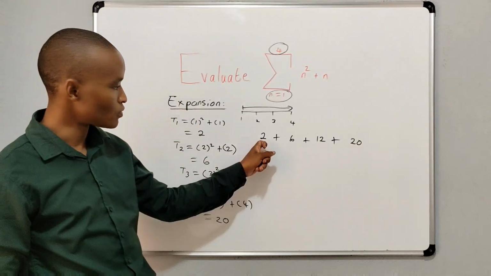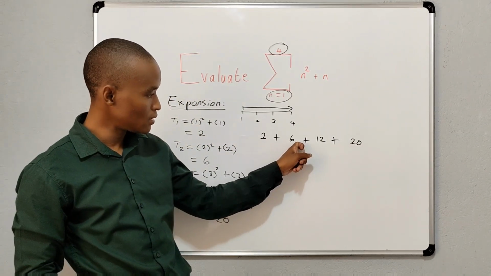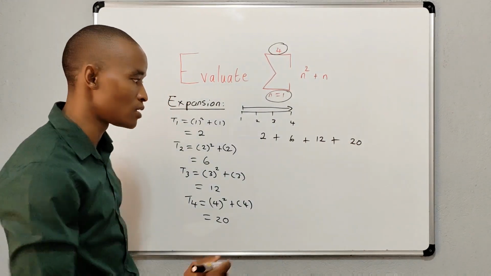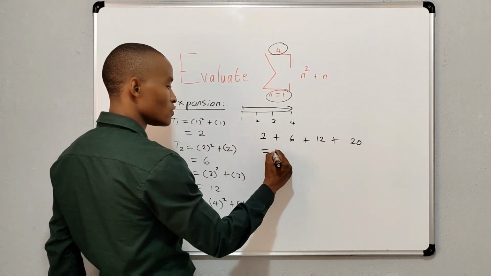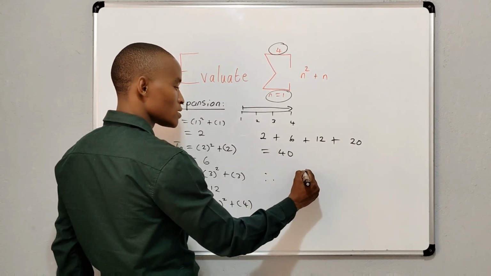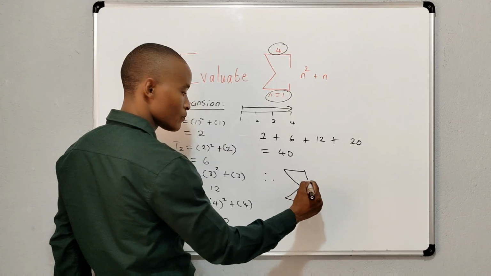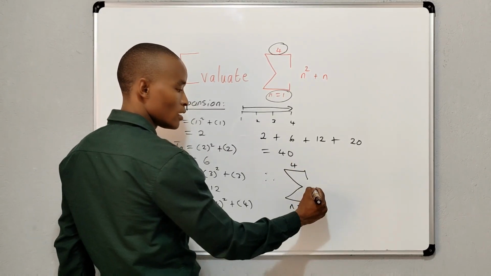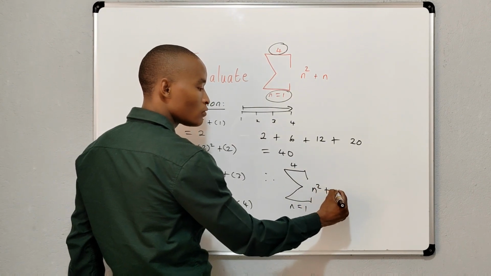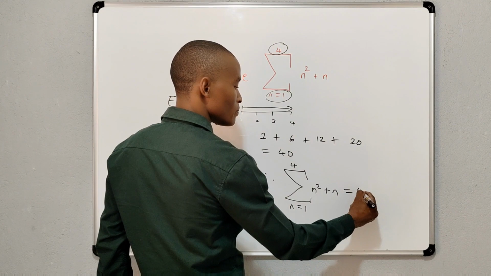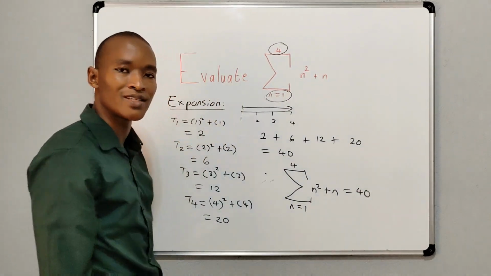Okay, so 2 plus 6 is 8, plus 12 is 20, plus 20, this summation will give you 40. So therefore, the sum of the first 4 terms in this type of quadratic series, the value of this sum is equal to 40.